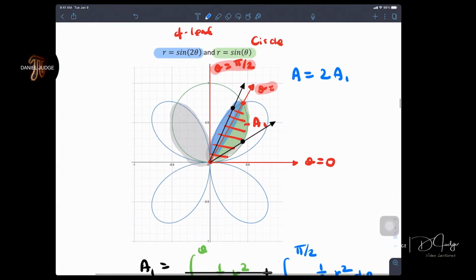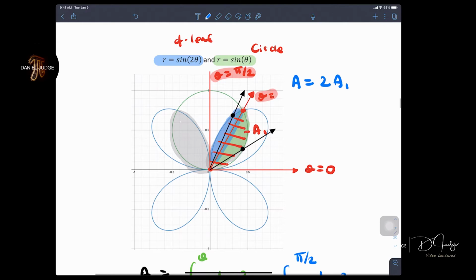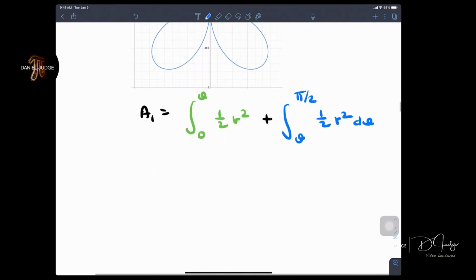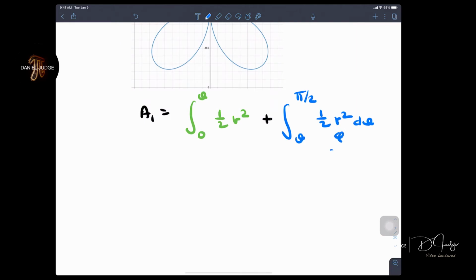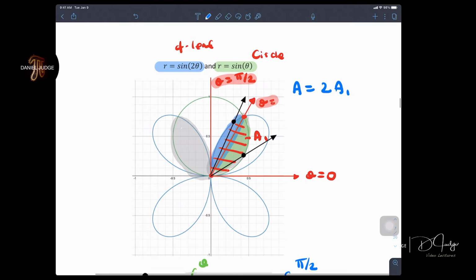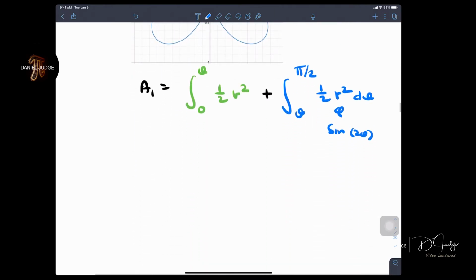So we know the blue curve and we know the green curve. We need to know theta, though. So I can put the blue curve in, which is sine 2 theta. So here, r is sine 2 theta. And then the green curve is sine theta. So this curve here will be just simply sine theta.